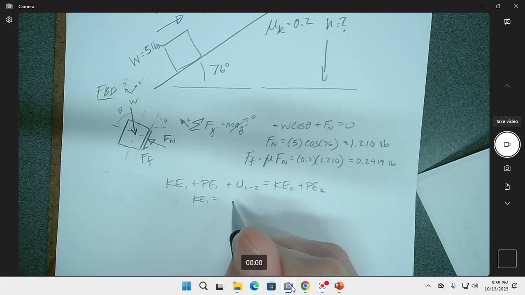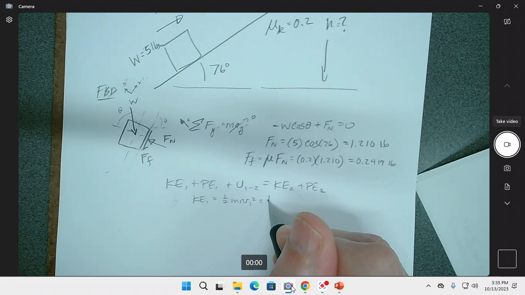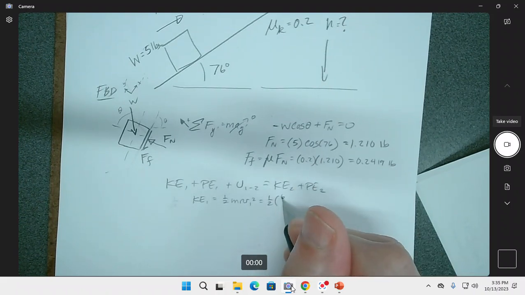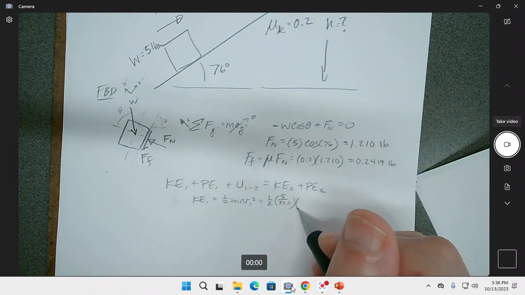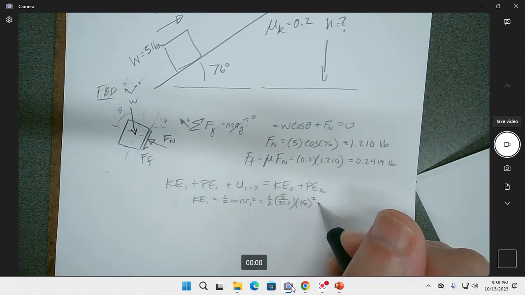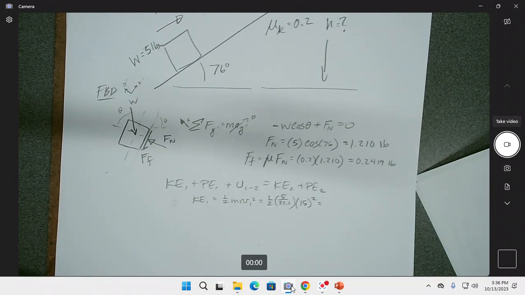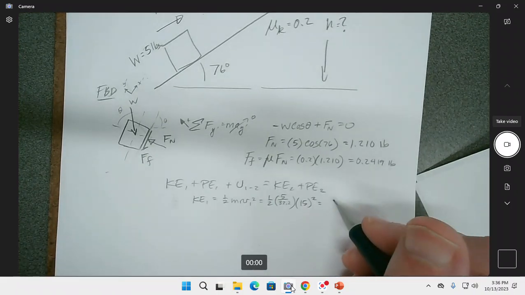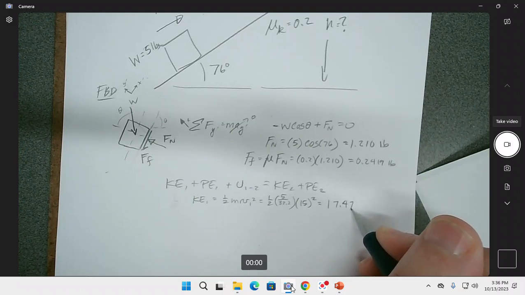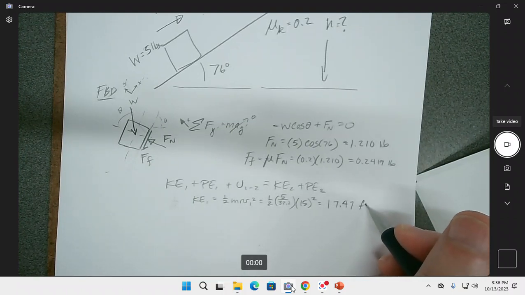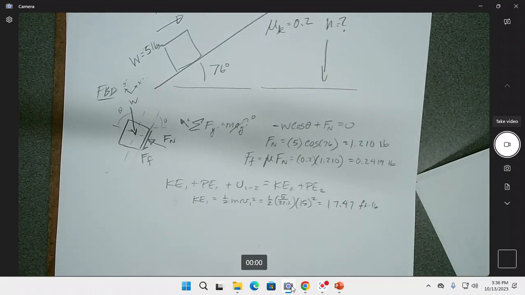KE1 is 1/2 m v1 squared, 1/2 times 5 divided by 32.2 times 15 squared. We have 17.47, and these are foot-pounds worth of energy.